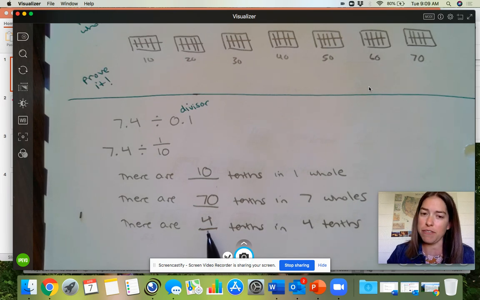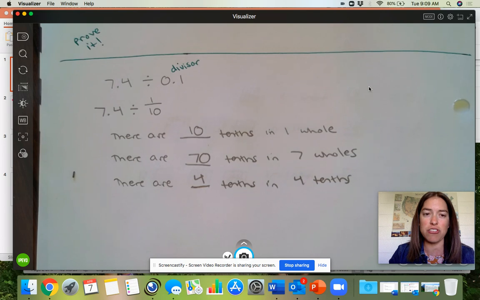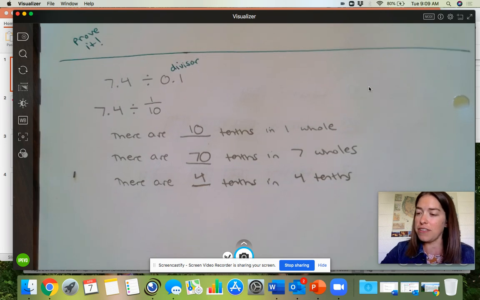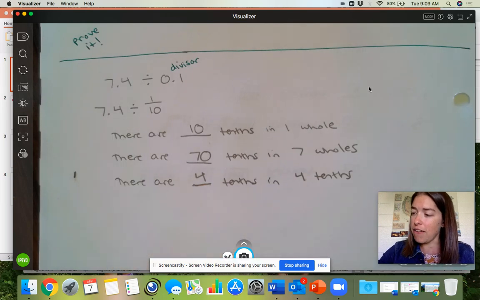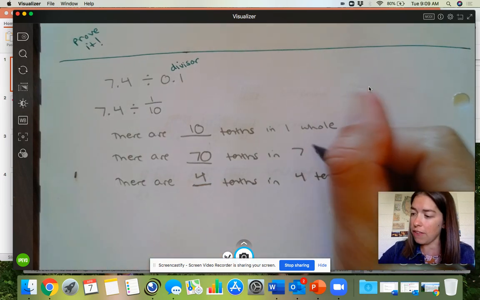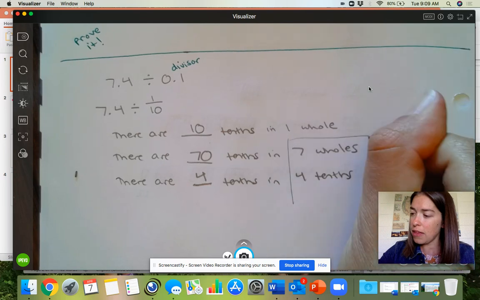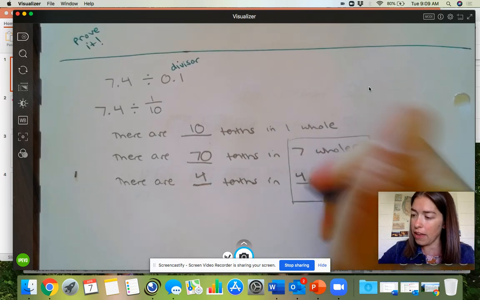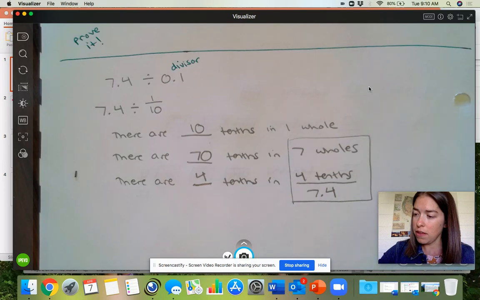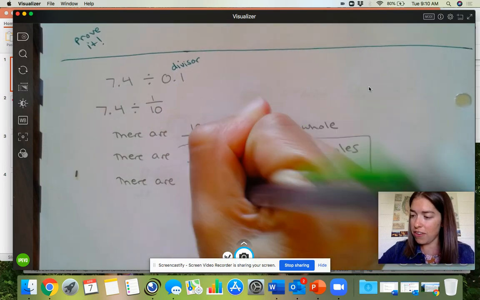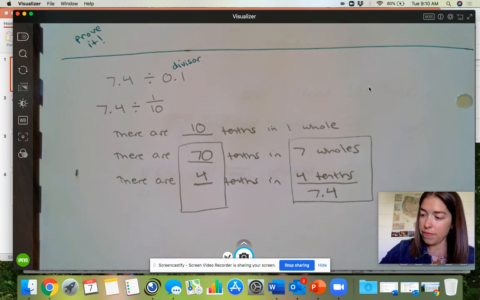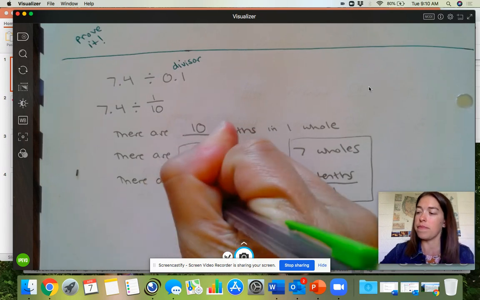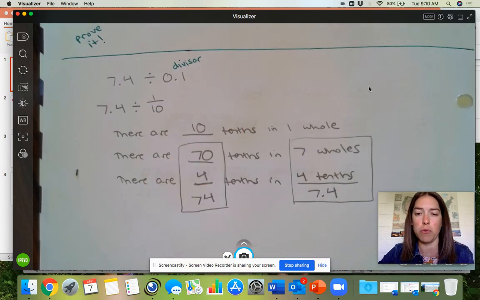So now I need to figure out, well, how many tenths are in 7 4 tenths? So here I just need to do a little bit of adding. 7 wholes and 4 tenths together equals 7 4 tenths. So 70 tenths plus 4 tenths equals 74 tenths.